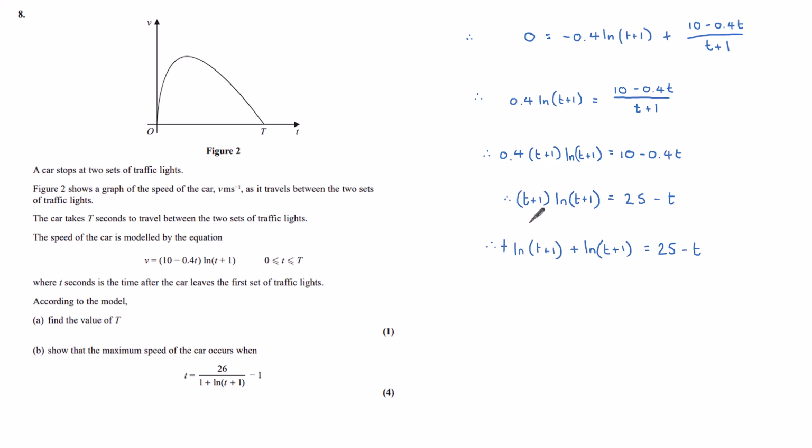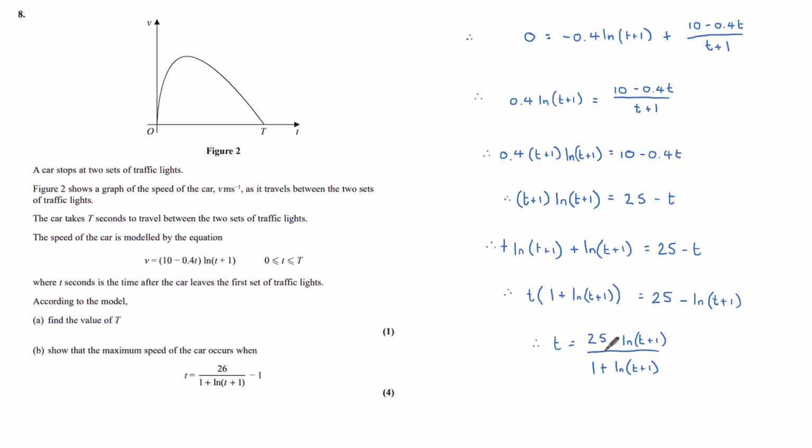If we expand the brackets on the left hand side here, we've got t lots of ln(t + 1) plus ln(t + 1), which is still equal to 25 - t. So adding t to both sides and subtracting ln(t + 1) gives us t lots of (1 + ln(t + 1)), which is 25 - ln(t + 1). Now I can divide by this 1 + ln(t + 1).